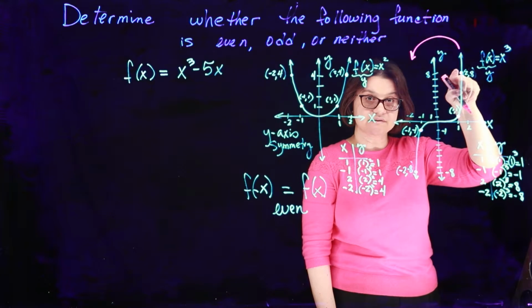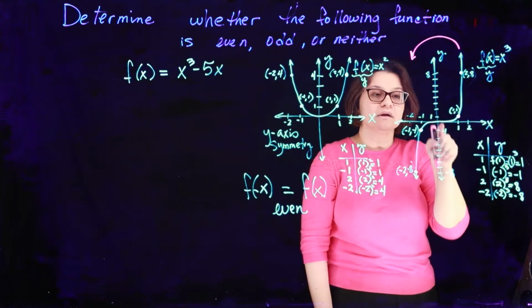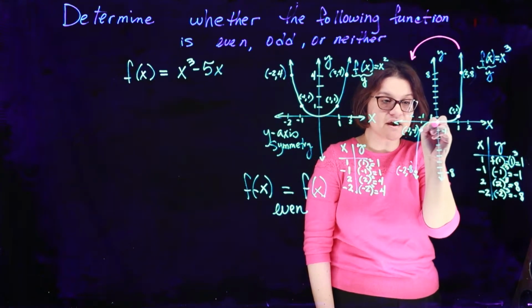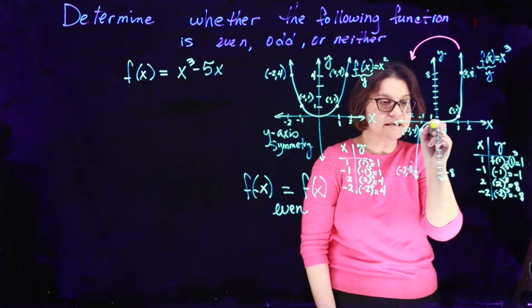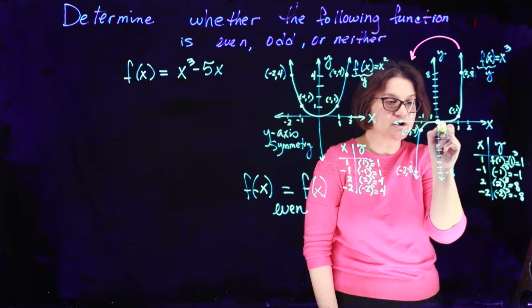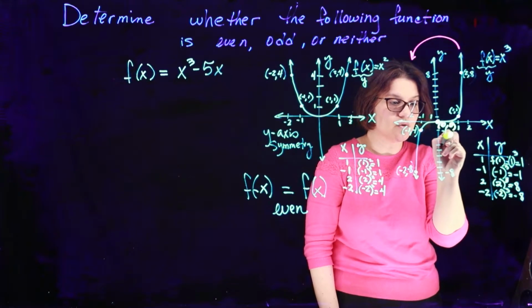You see? This is called a symmetry over a very special point, and I'm going to label it right here. I'm going to call it origin, 0, 0.